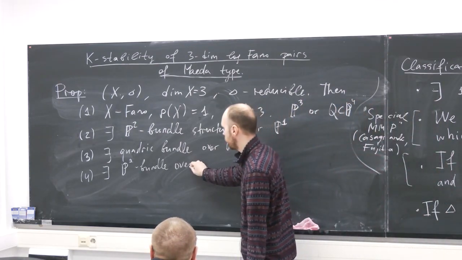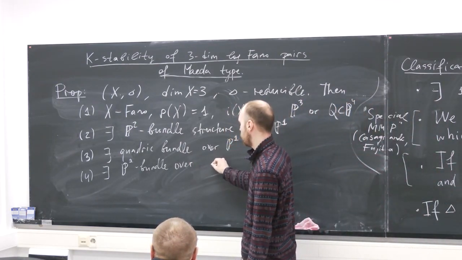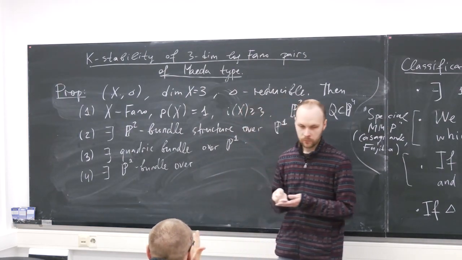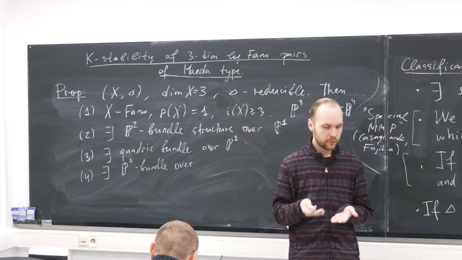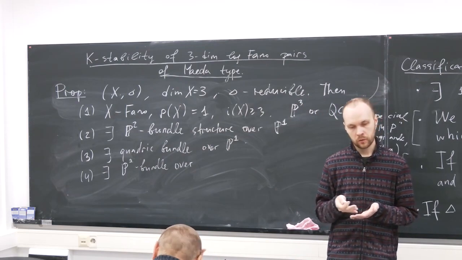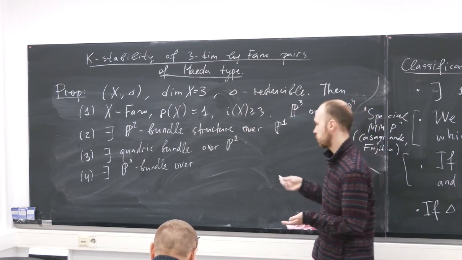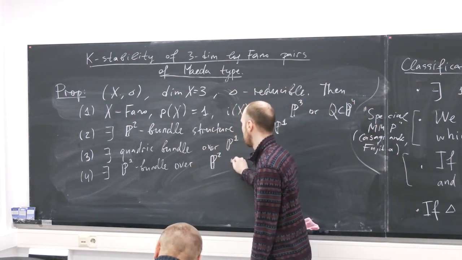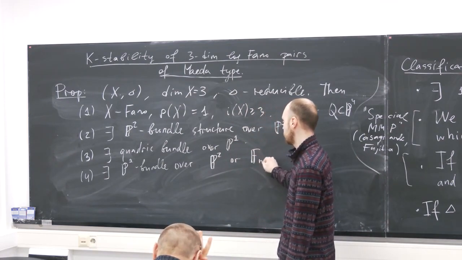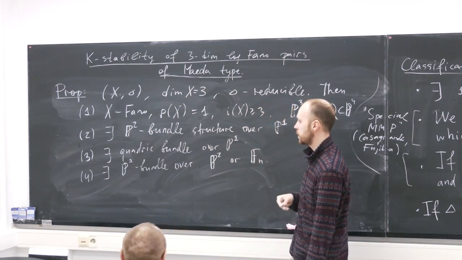Yes. Or we have a P1 bundle over a log del Pezzo surface, that is, a log Fano pair of dimension 2, so over P2 or Fn, and also they can be explicitly described.